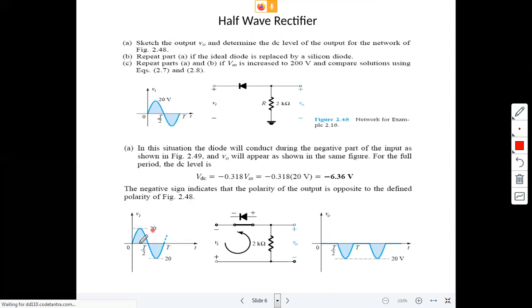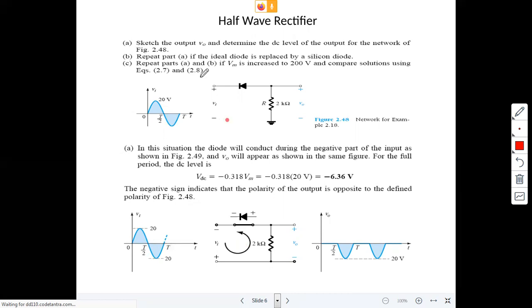For the positive cycle, the diode is an open circuit, output is equal to 0. For negative cycles, the diode is on, it acts as a short circuit for an ideal diode, and output follows the input. So this is also a half-wave rectifier circuit. It allows only negative cycles.